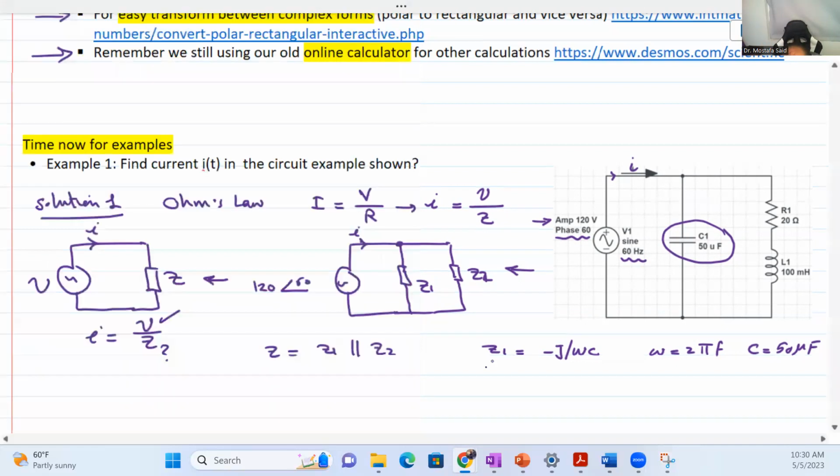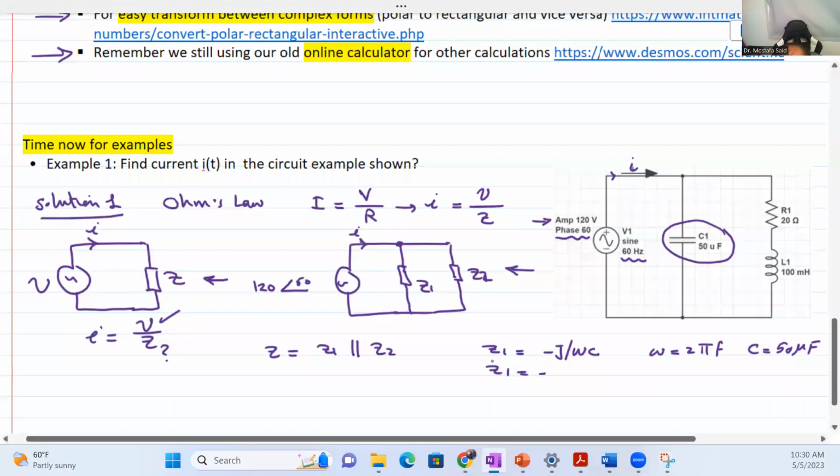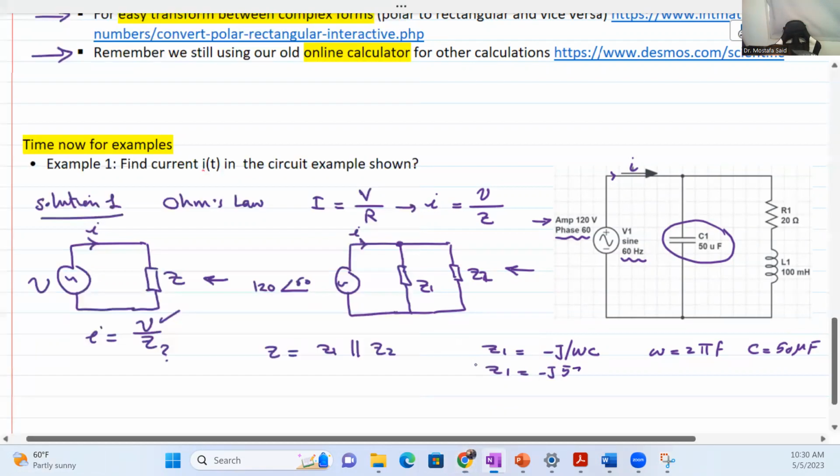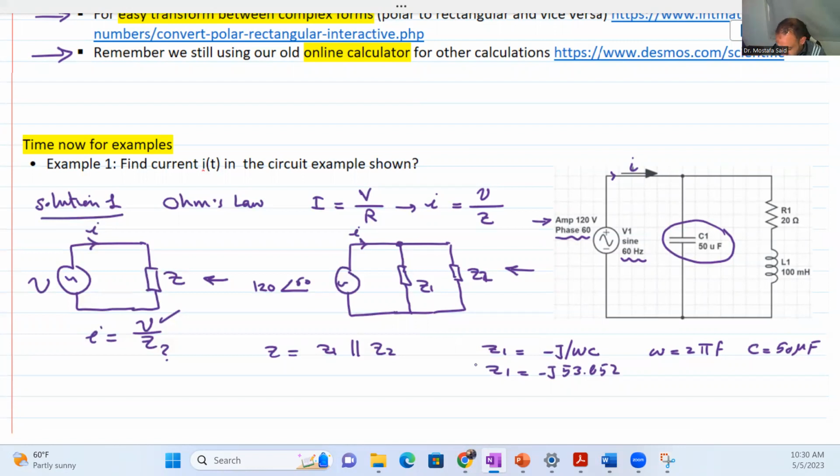So Z1 is actually minus J 53.052. Okay, that's basically it, and so good.